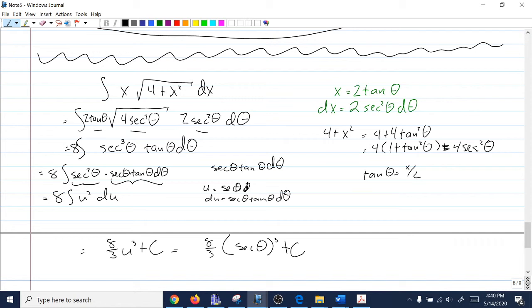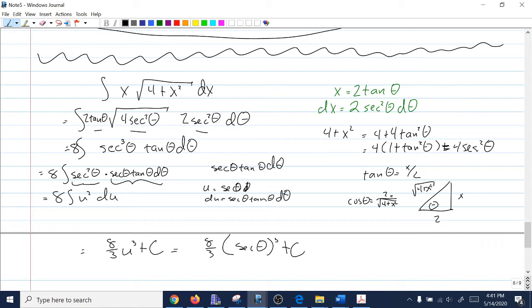Tangent theta is x over 2. I draw a reference triangle. Tangent is opposite over adjacent is x over 2, so this side is the square root of 4 plus x squared. So secant theta is the reciprocal of cosine. Cosine is adjacent over hypotenuse, is 2 over root 4 plus x squared.